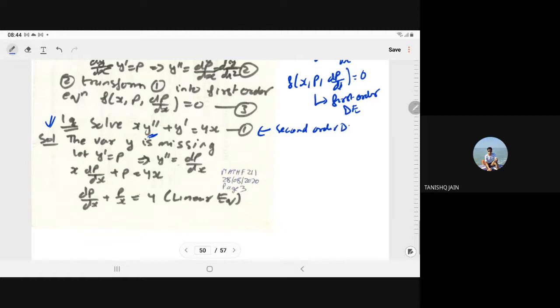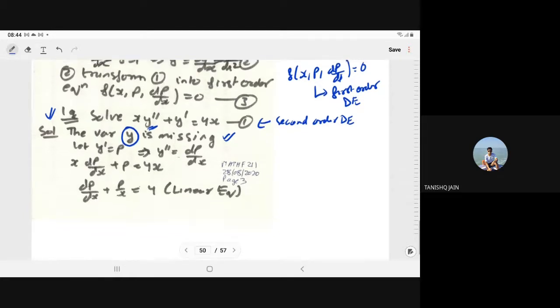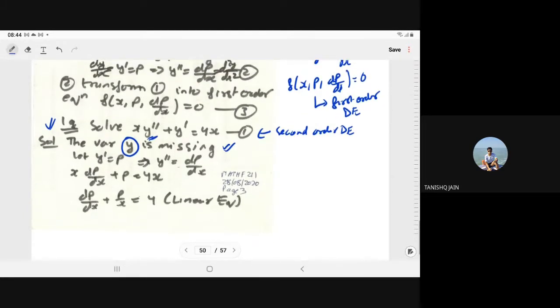And one more thing, if you observe, there is no term of y. So here y is missing. In this equation, there is nowhere the dependent variable y. So for that equation, as I have told you, we assume that let dy by dx is equal to p.